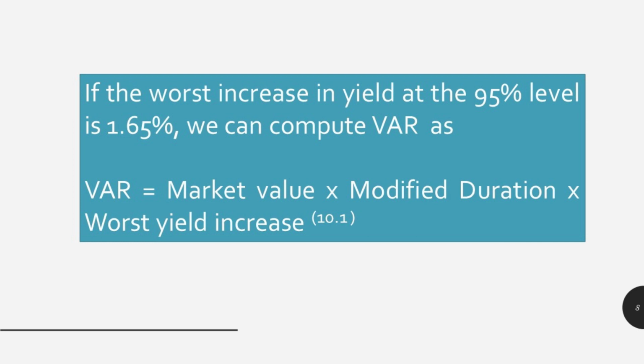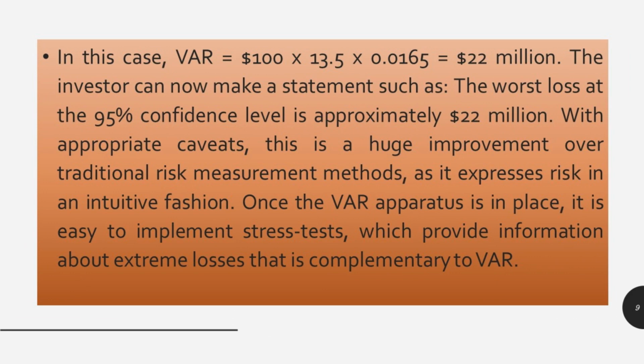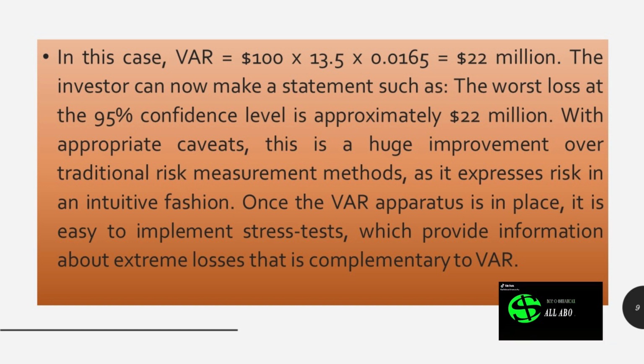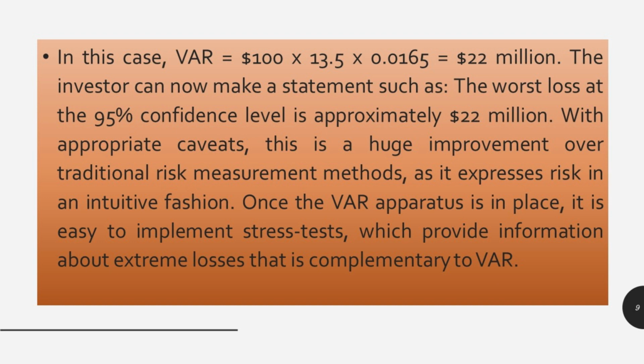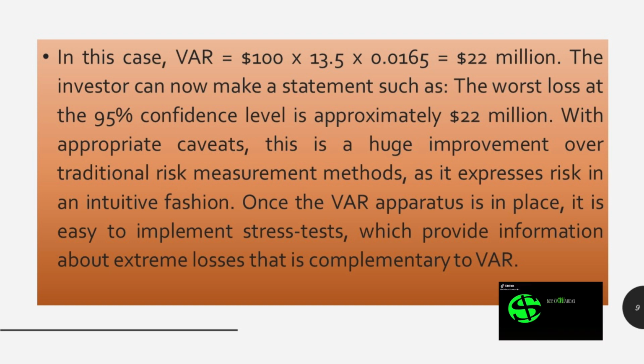For example, in this case VaR equals 100 multiplied by 13.5 and 0.0165, which equals $22 million. The investor can now make a statement such as: the worst loss at the 95% confidence level is approximately $22 million.